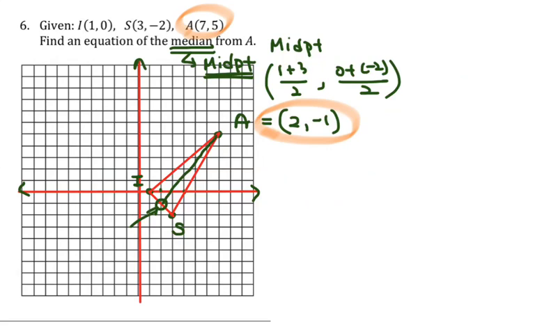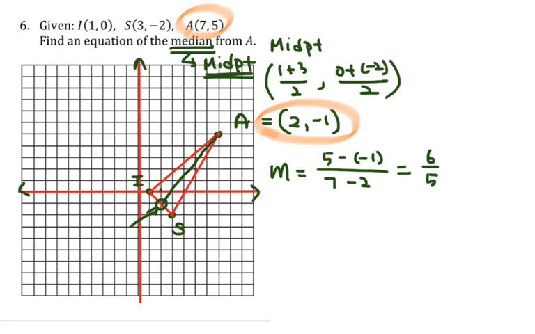So we're going to find the slope, which will be equal to 5 minus -1 over 7 minus 2. That's y2 minus y1 over x2 minus x1. We end up getting 6 over 5.